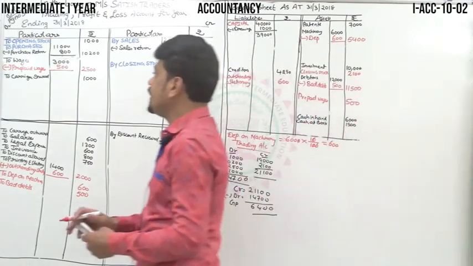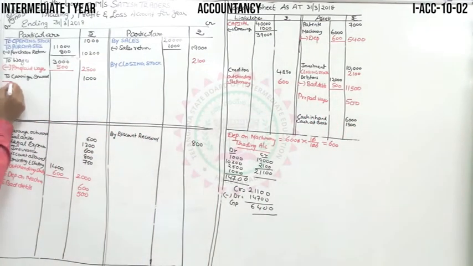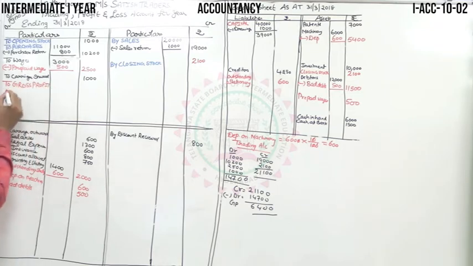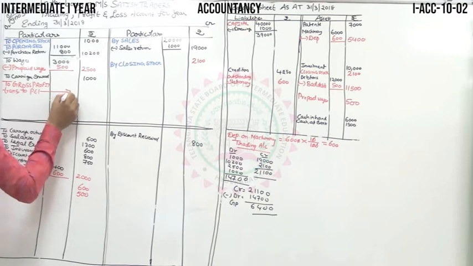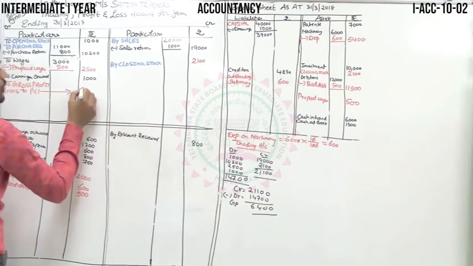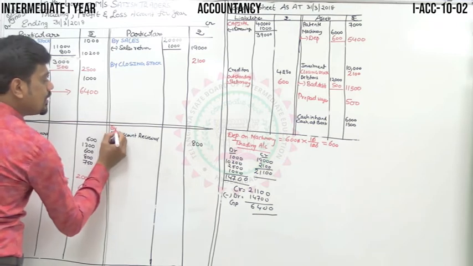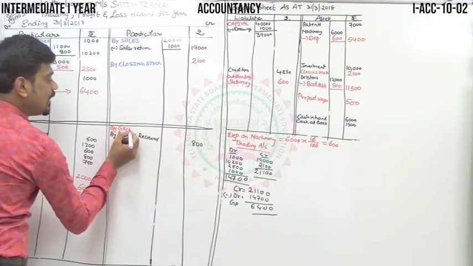We'll go to trading account to gross profit. First line. Second line, transferred to profit and loss account. How much we got gross profit? 6,400. Immediately we'll come to profit and loss. We left one line gap.